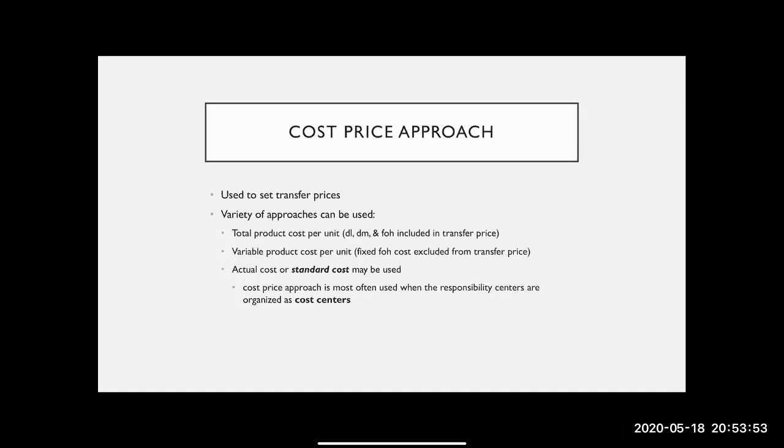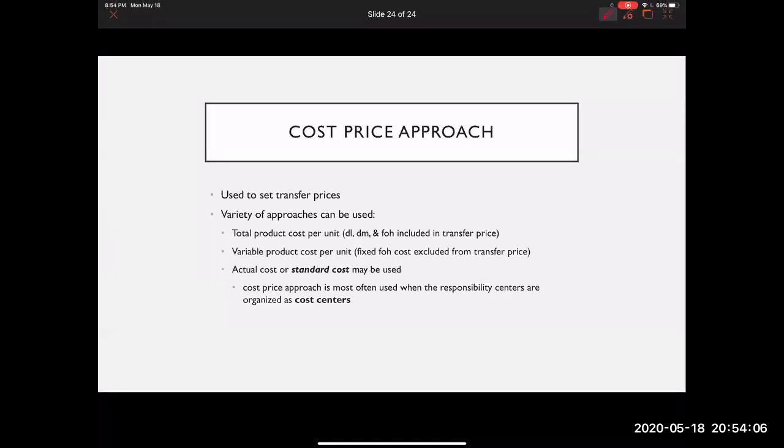In the last example, we only considered variable costs, but under total cost, it considers all of them: direct materials, direct labor, and factory overhead, so it includes your fixed and variable costs.